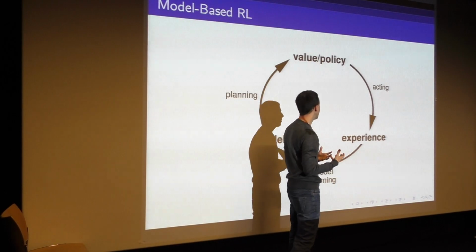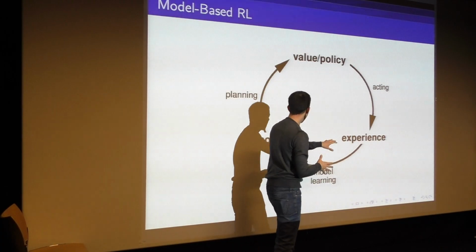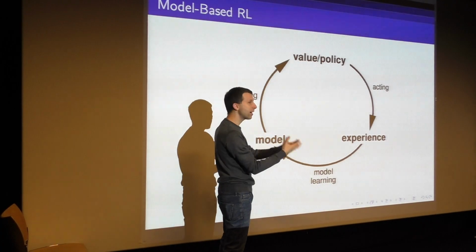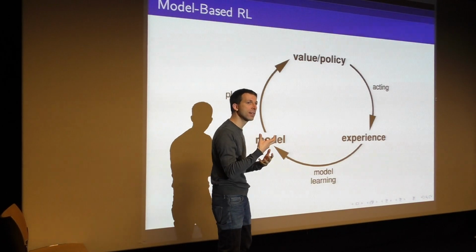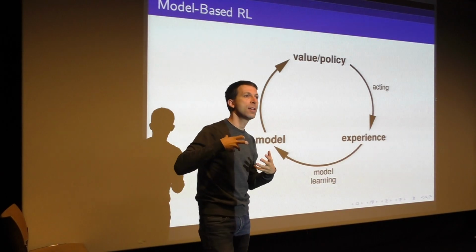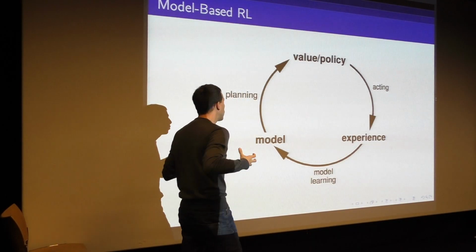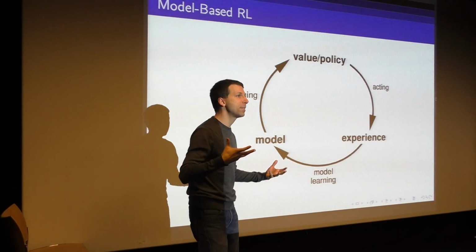So the main idea is that instead of just looping around here, we've added in this model step, where we're using our experience to build a model, and we're using the model to plan and figure out what to do next. As a result of that planning, we can make better actions in the world. We can squeeze more out of our model to solve our model MDP, if you like.